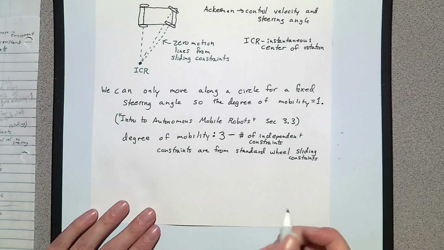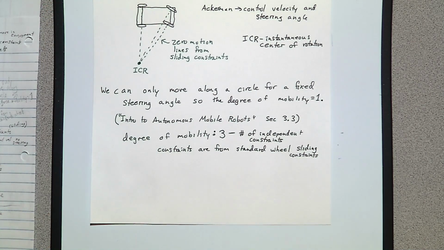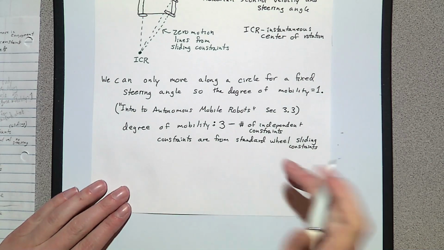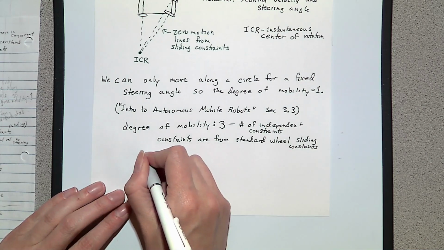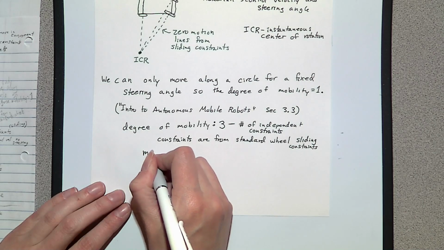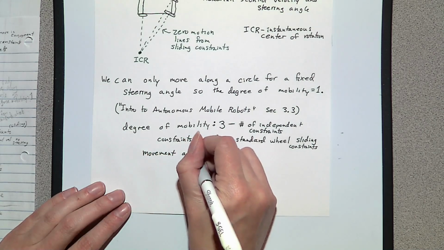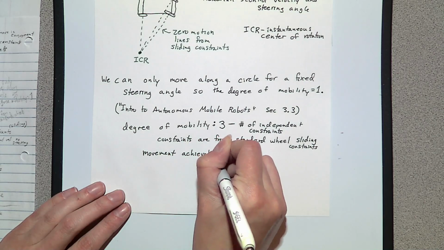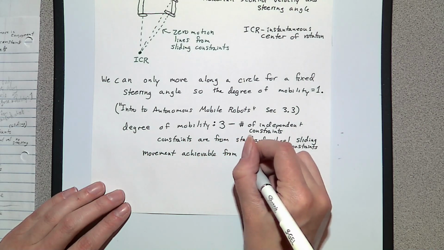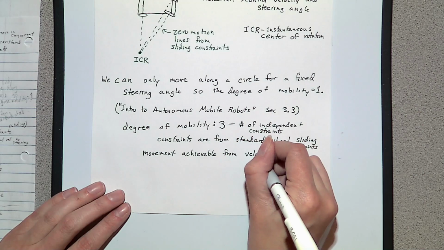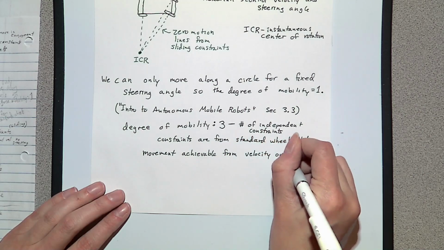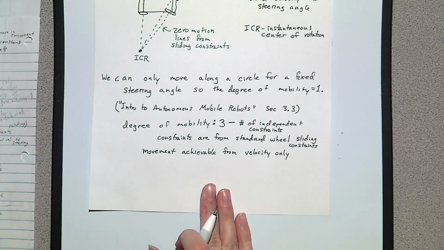It just tells us the movement achievable from just the applied velocity.